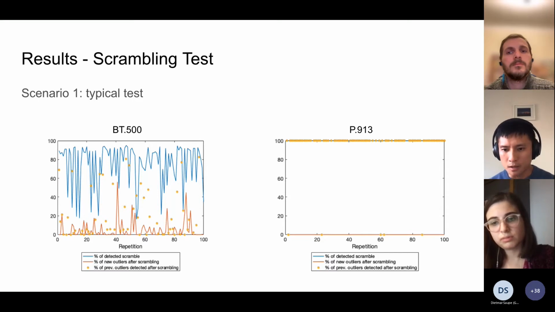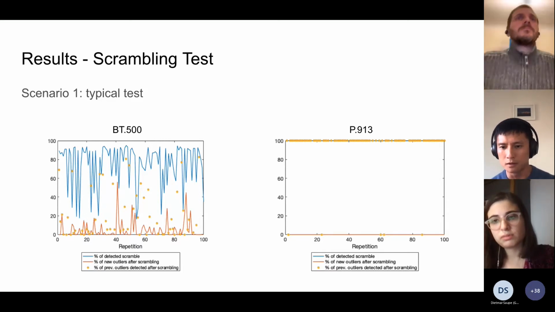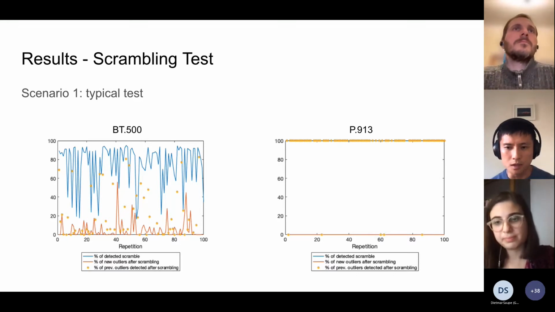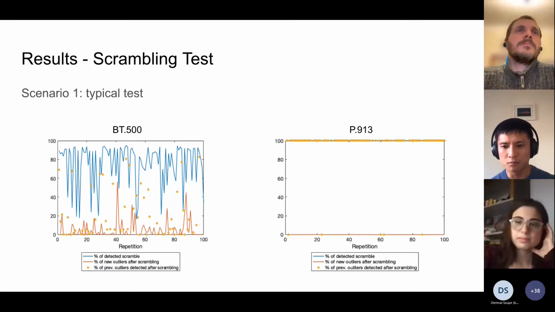If the main interest here is scrambling, I would argue that MLE is actually doing very well in this particular scenario. So I would really encourage a thorough comparison of the MLE soft rejection-based method with the BT500 and P913 hard rejection methods.